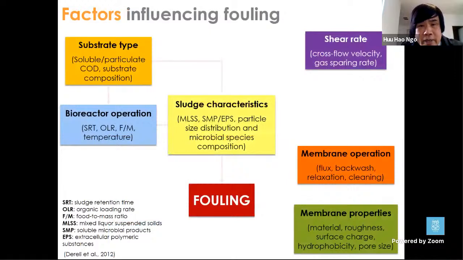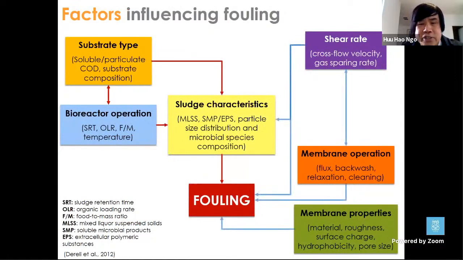And then, I will just explain very briefly that if we want to control the fouling, we have to start from the membrane characteristics, that means membrane properties, okay, like roughness, surface charge, this kind of thing, or pore size. And then the membrane operation conditions, for example flush, relaxation, cleaning, or something.